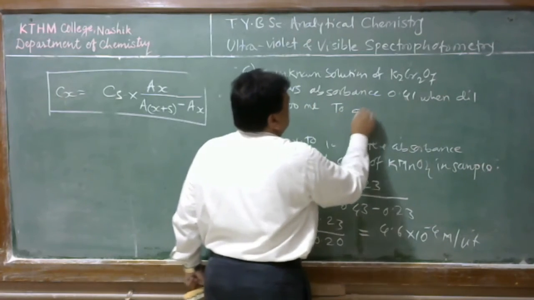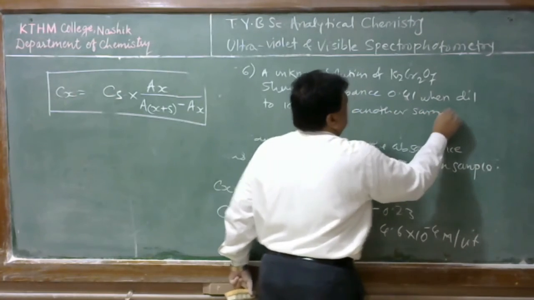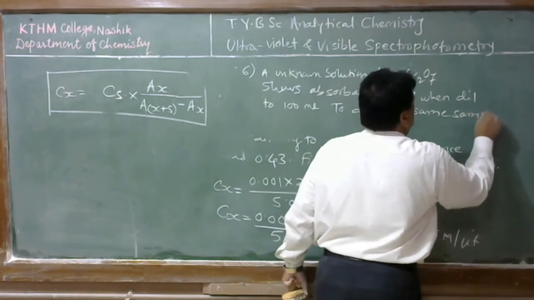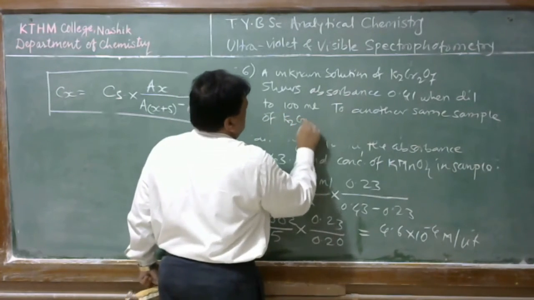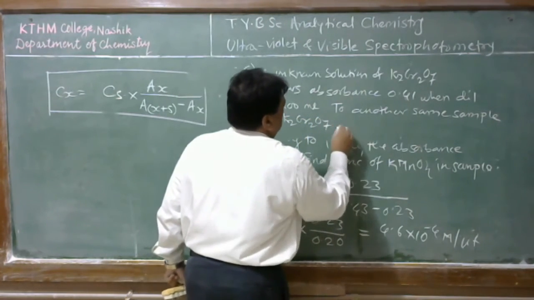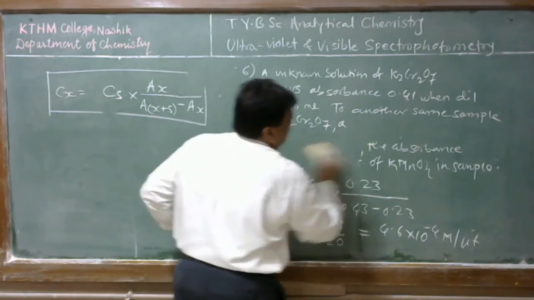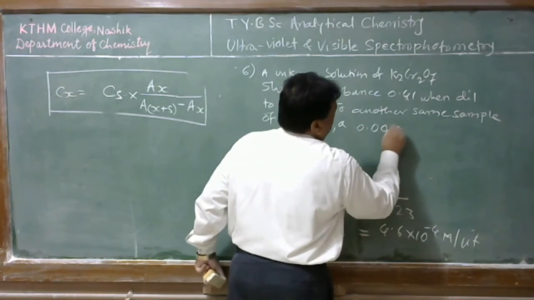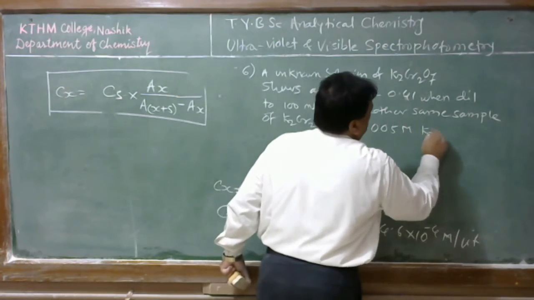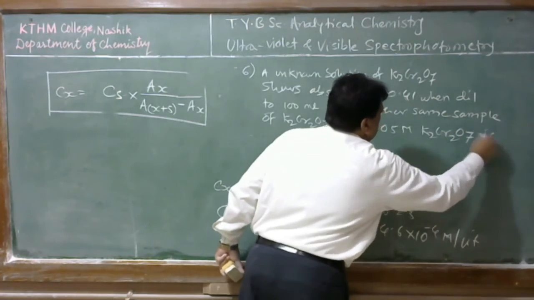To another same sample of K2Cr2O7, 0.005 molar K2Cr2O7 is added.